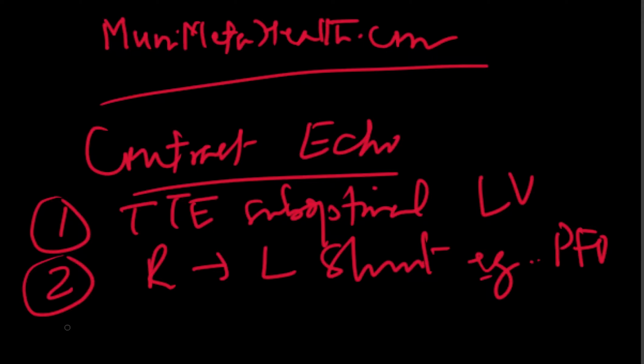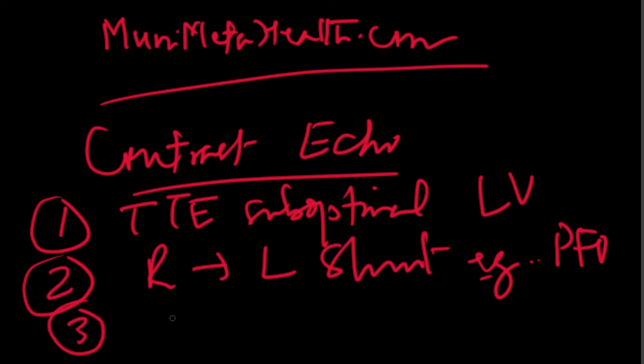People are very worried about how the infection traverses to the left side. Should there be any air embolisms, for instance, or fat embolisms that can occur. So PFO is a very, very important entity, and that needs to be visualized and ascertained in your diagnosis.